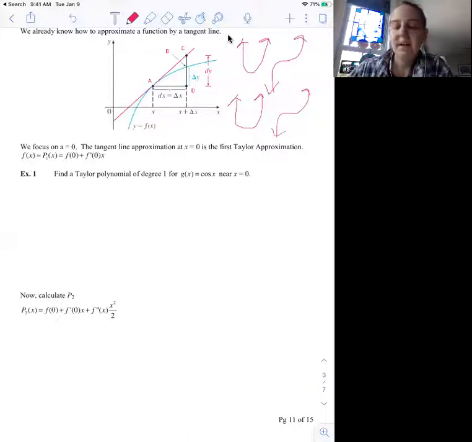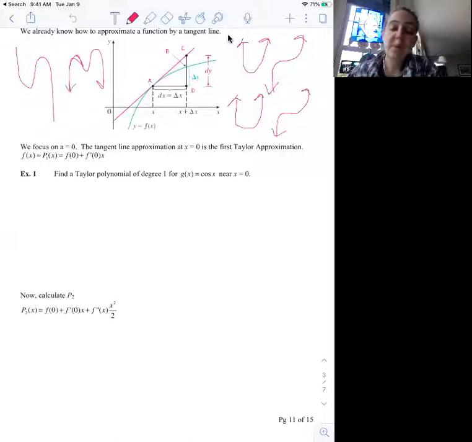Depending on the terms, exponents and coefficients, you get other loops in there. It might look like this, or like this. Whatever it is, we can now approximate one function with another function.